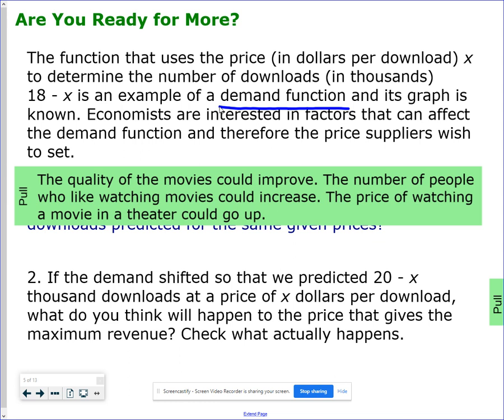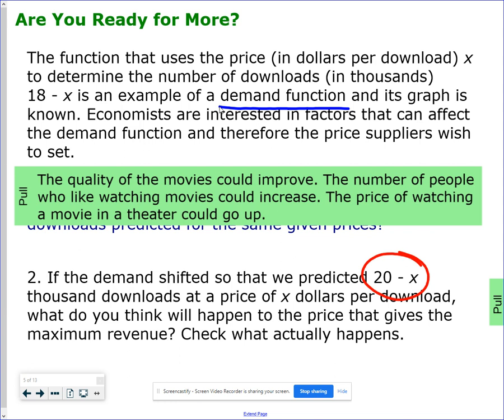Number 2, if the demand shifted so that we predicted this would be our new function or way to figure out how many thousands of downloads we're predicting based on this, what do you think would happen to the price that gives you the maximum revenue?